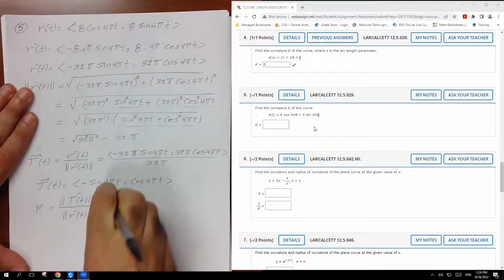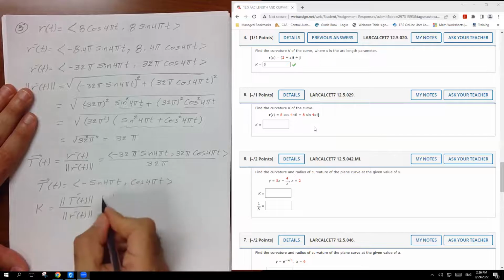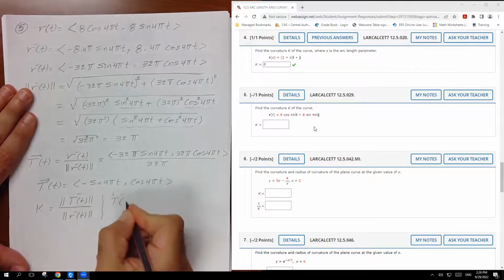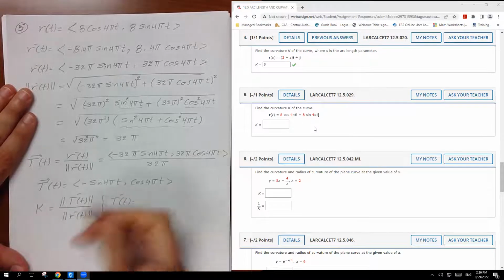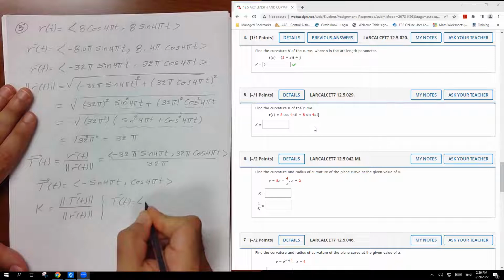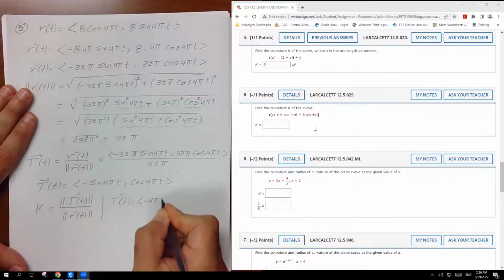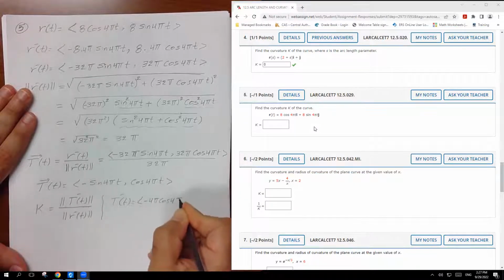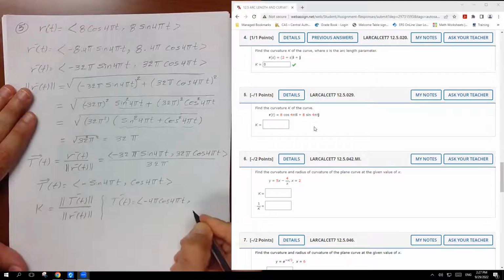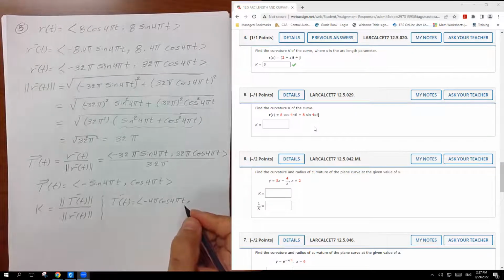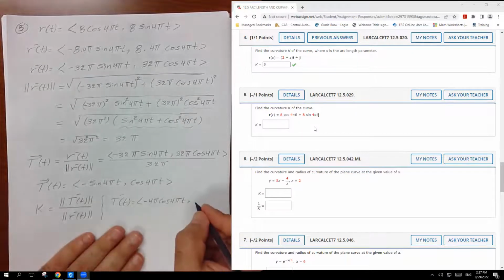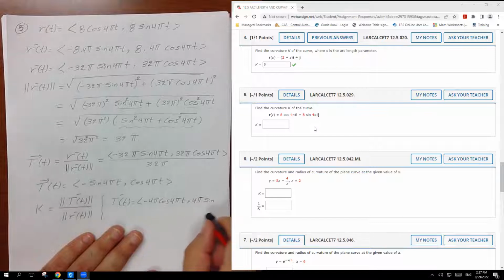The tangent prime is going to be negative 4 pi cosine 4 pi t, and it's going to be 4 pi, the derivative of cosine, sine 4 pi t.